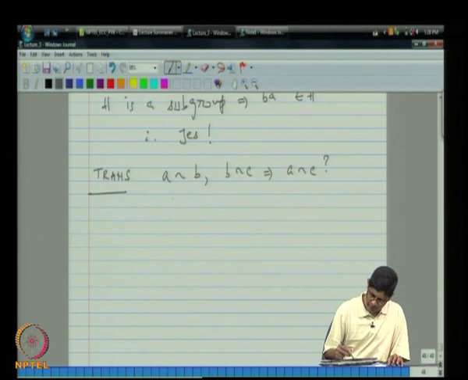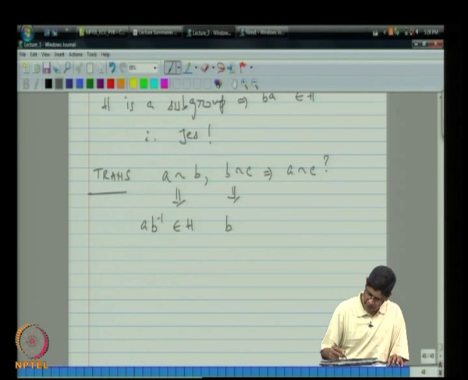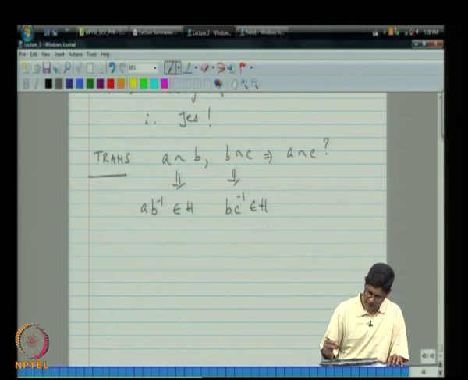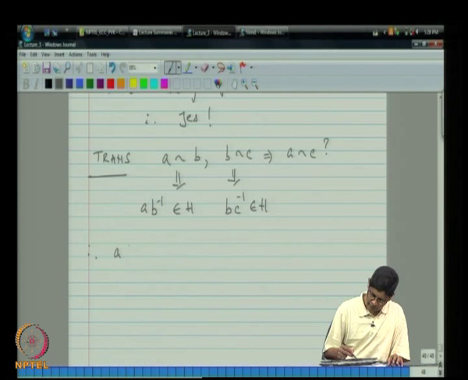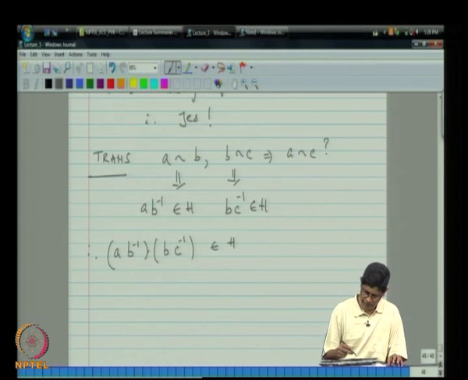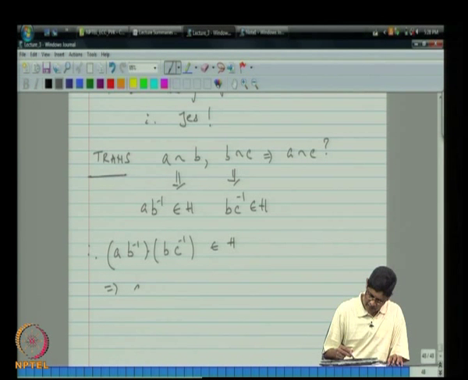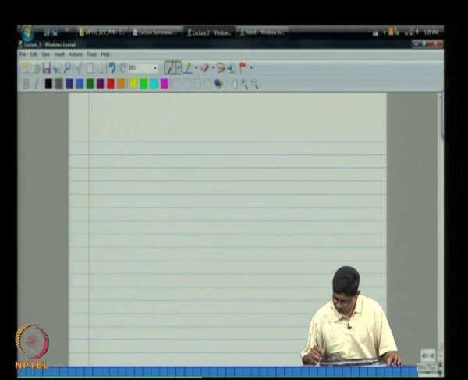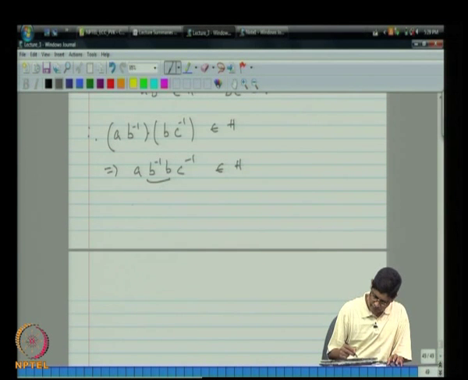Okay, but A is equivalent to B is equivalent to saying that A B inverse belongs to H. This is equivalent to saying that B C inverse belongs to H. Therefore, A B inverse times B C inverse belongs to H, since it is a subgroup, which implies that A times B inverse B C inverse belongs to H, but this middle term is the identity.